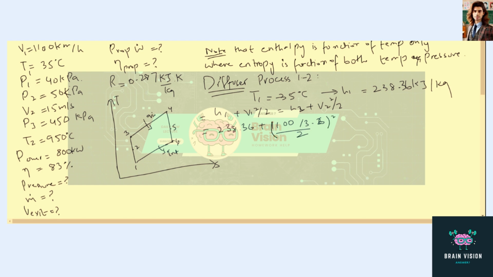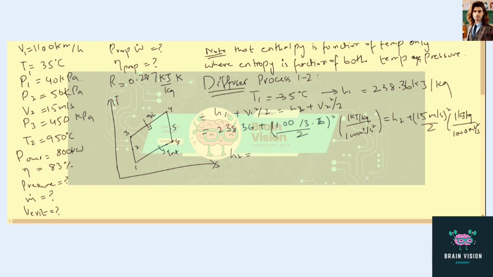This is kilometer per hour, so we are changing into meter per second by dividing by 3.6, and multiplying by 1 kilojoule per kg divided by 1000 meter square per second square, equals H2 plus 15 meters per second square divided by 2, into 1 kilojoule per kg divided by 1000 meter square per second square.